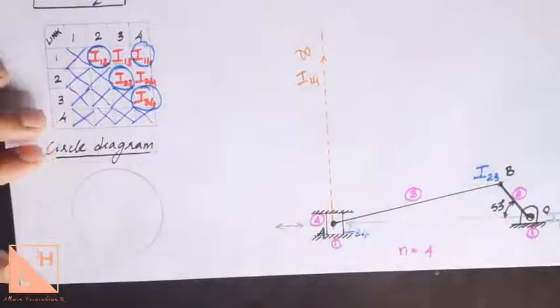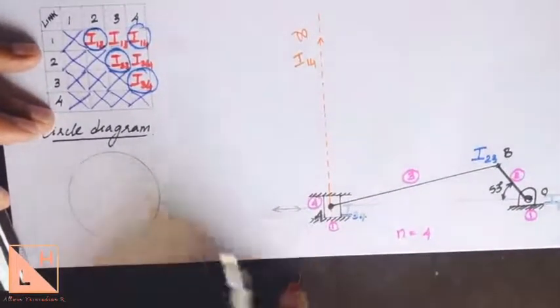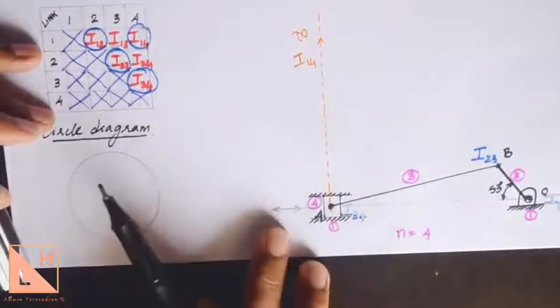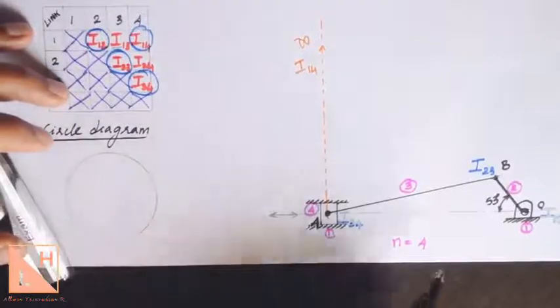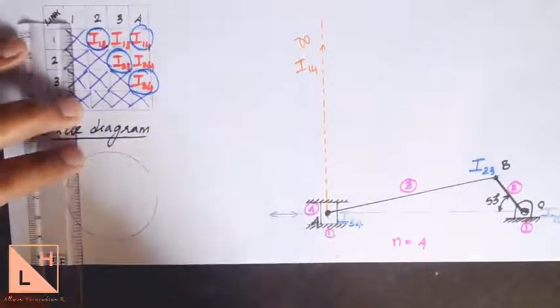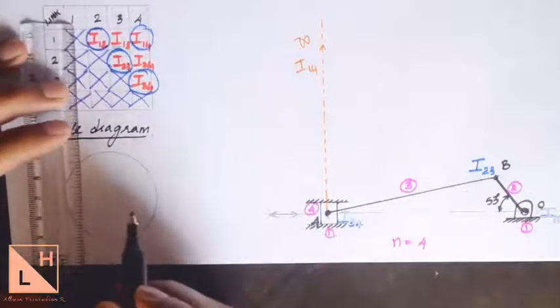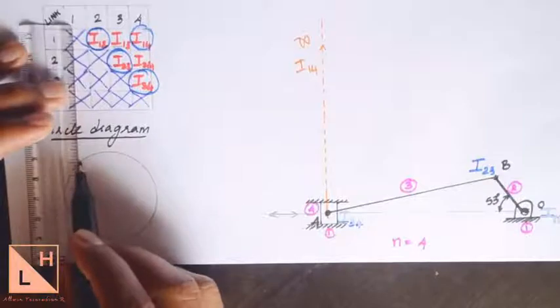Inside this circle, draw as many links as you have found in the mechanism. So in this problem we have 4 links, right? So these 4 links are going to be drawn as a polygon. If you have 4 links, you draw a 4-sided polygon. So it might be a square, which will give us a much clearer understanding. So I'll simply draw a polygon here within the circle.